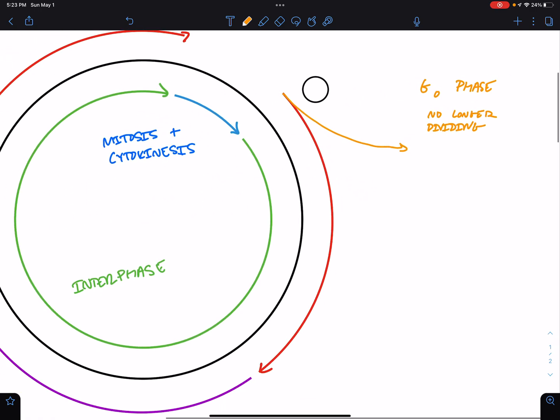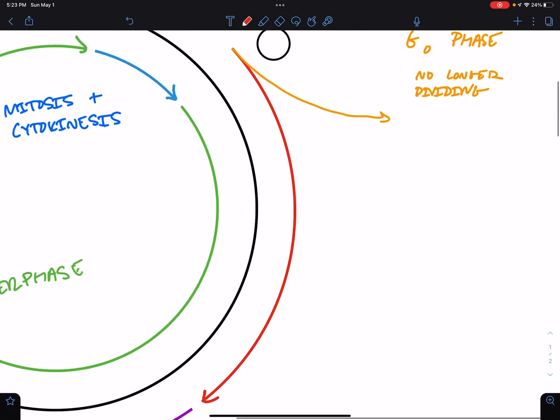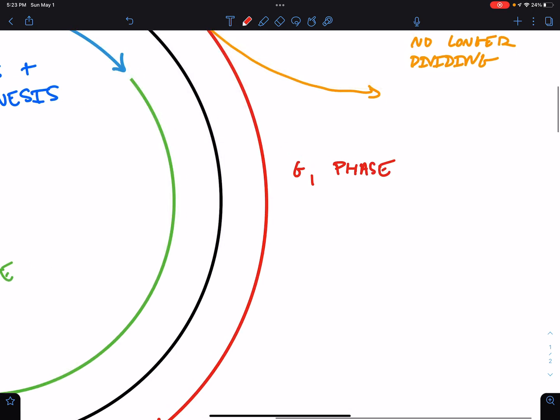Or it can enter what's called the G1 phase, which is called G for growth or gap.